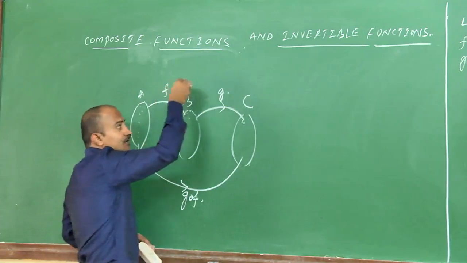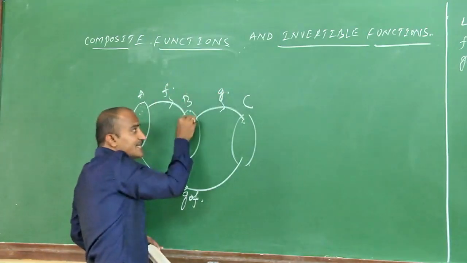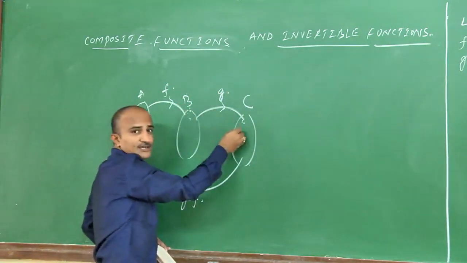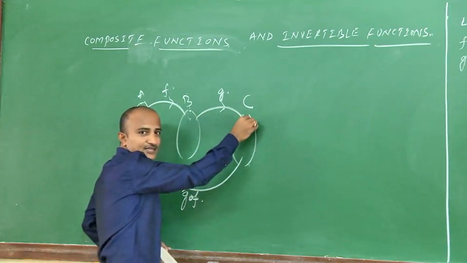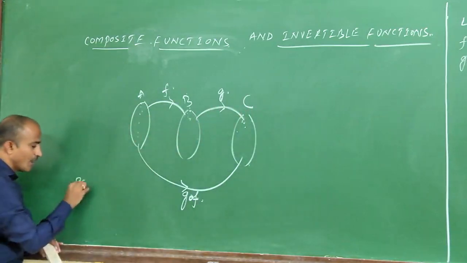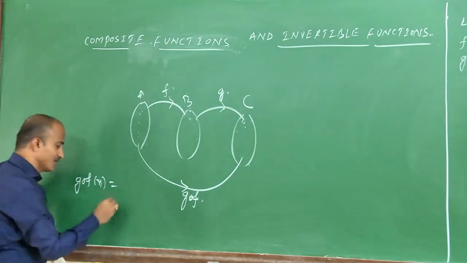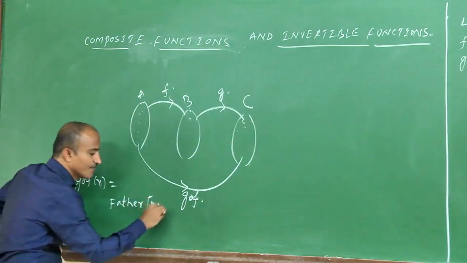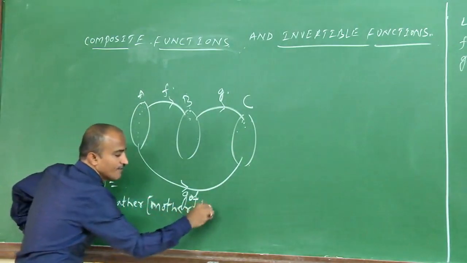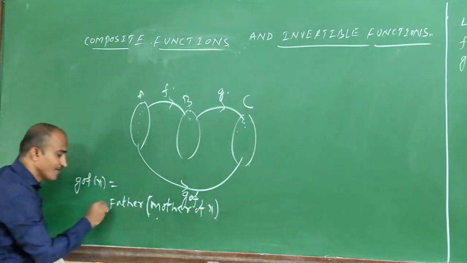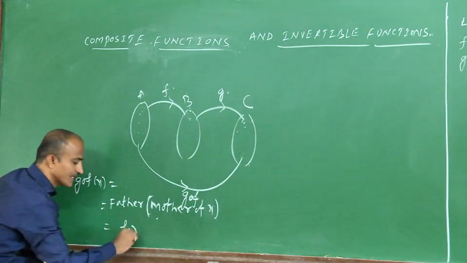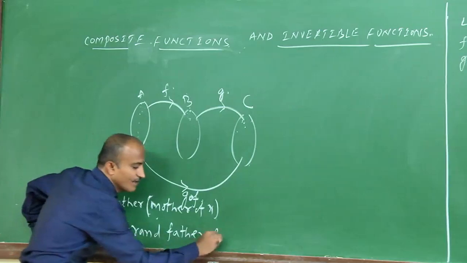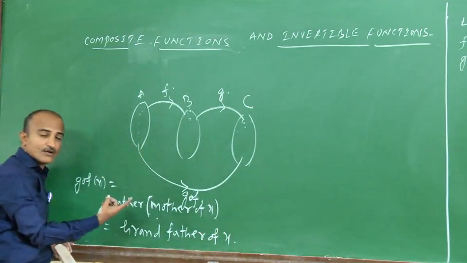Through function f, each person of A is assigned to the person's mother in B, and through function g, each person of B is assigned to the person's father in C. Then GOF of x is nothing but father of mother of x, that is, the grandfather of x. Then GOF will be related to the grandfather of x.